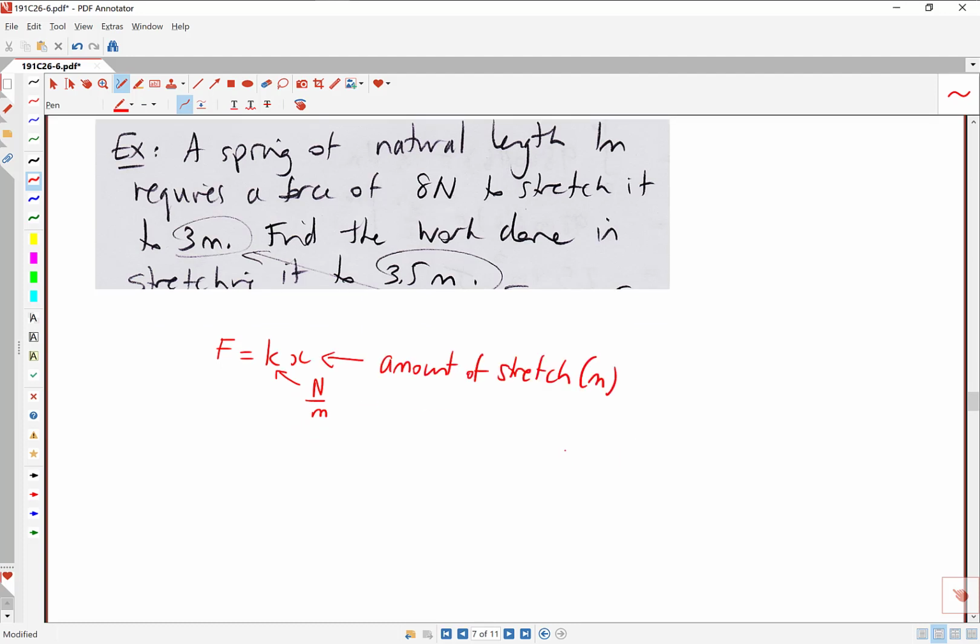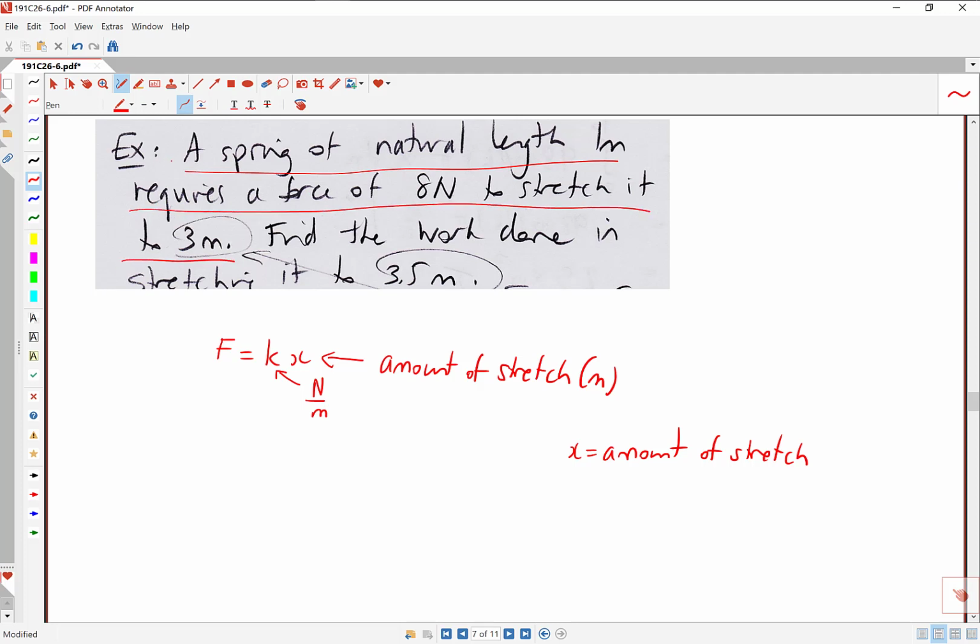So let's think about our X values first. Based on what we just said about Hooke's law here, X is going to be the amount of stretch on the spring in meters. And let's see what our X values are going to be as we go through the problem. So we're told the natural length of the spring, and we're told what force is required to stretch it a certain amount.